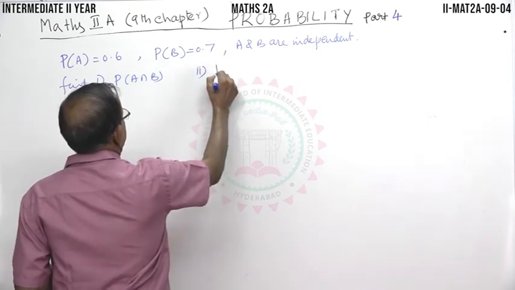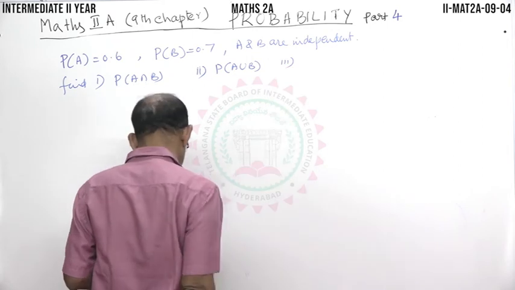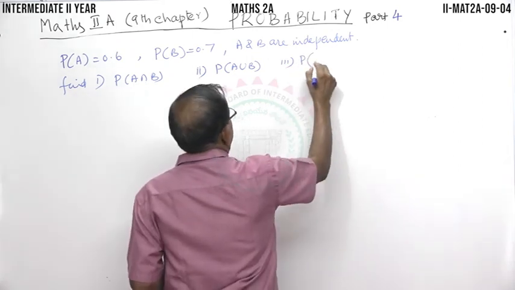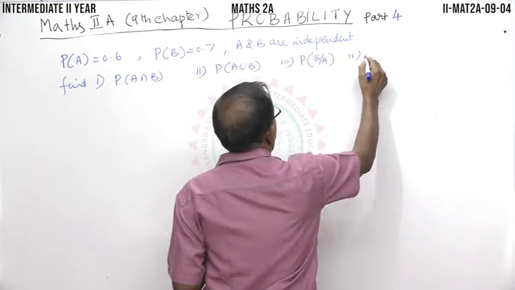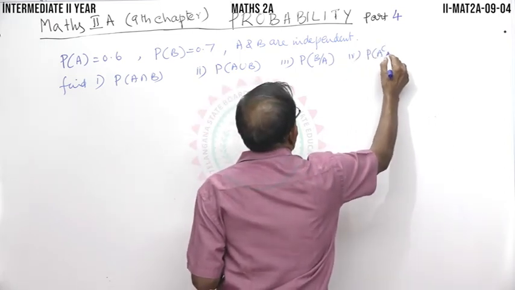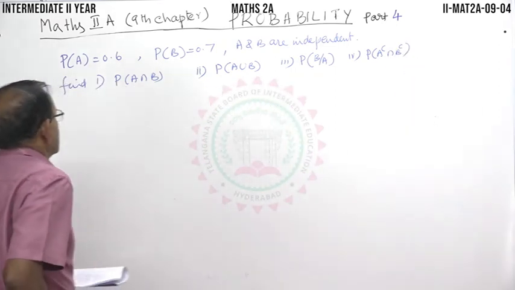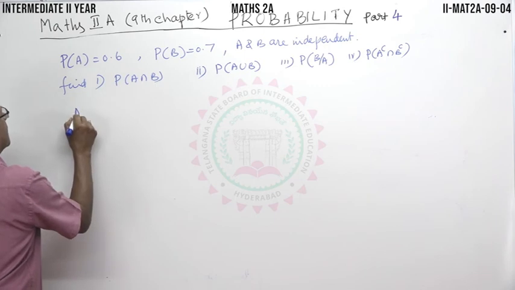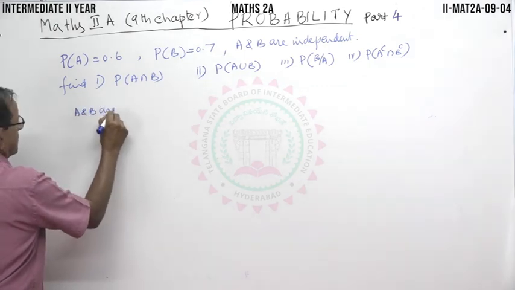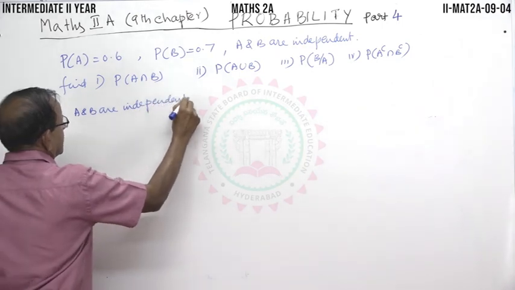P of A union B. 3. P of B given A. 4. P of A complement intersection B complement. Now first, here A and B are independent events.